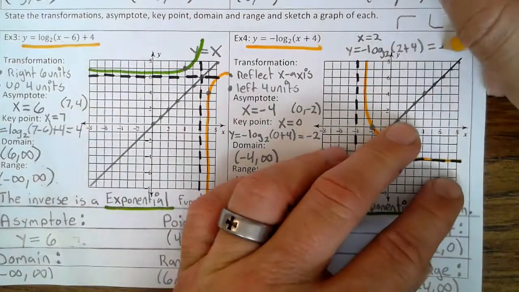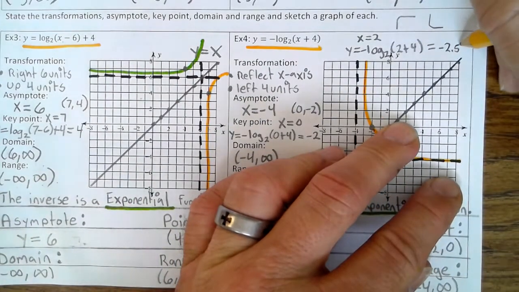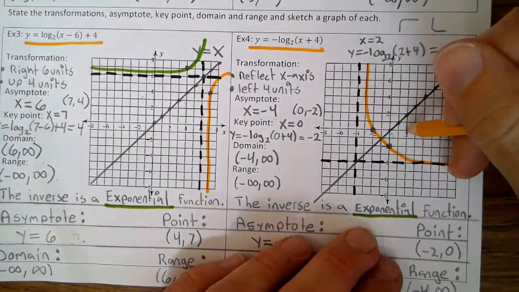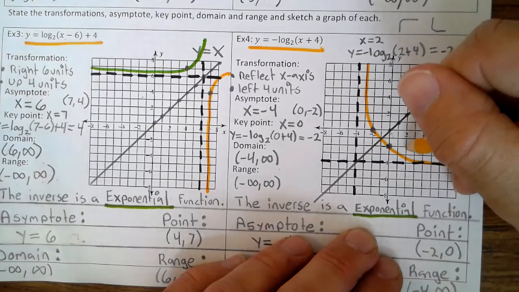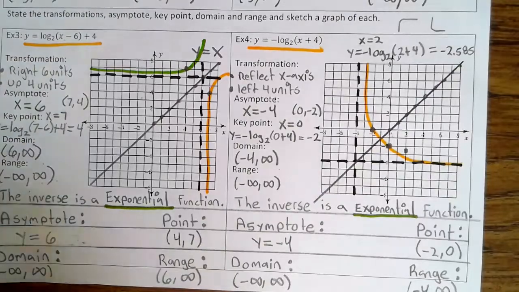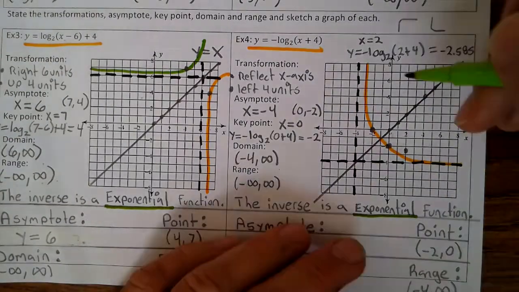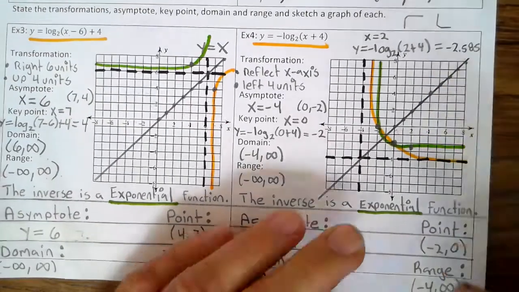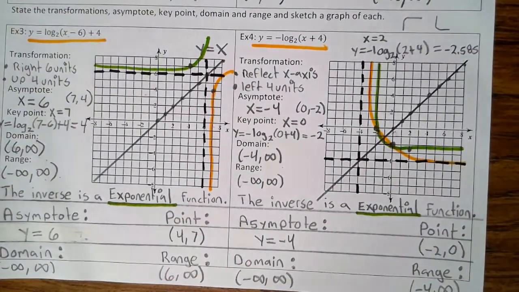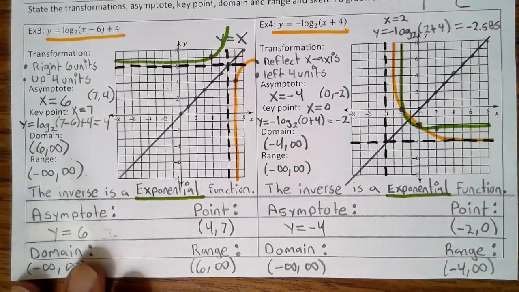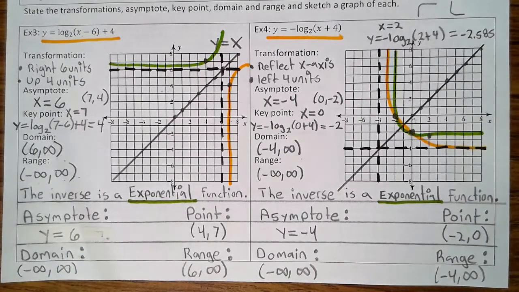So the point would be 2, negative 2.585, so it's here. So that tells us the curve is moving kind of there. And you can see that they reflect over the y equals x line, so we have the inverse and the log graph correctly.